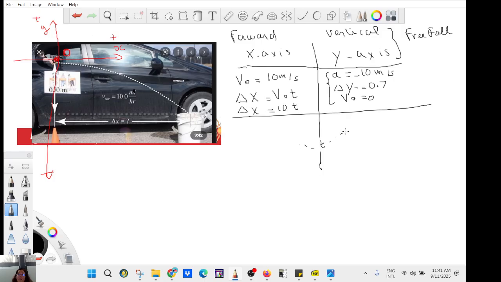So can you find the time? So I can use my kinematic equation. Delta y equals initial velocity times t minus 5t squared. So delta y is minus 0.7 equals 0 minus 5t squared. So t equals, and you take the square root, right?